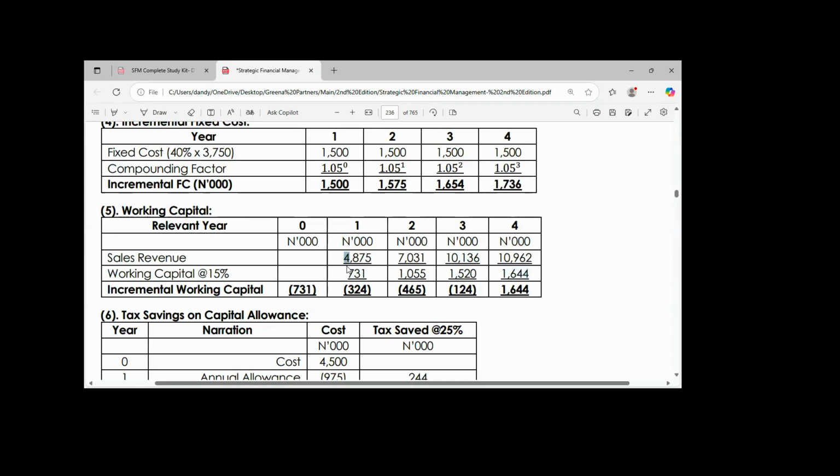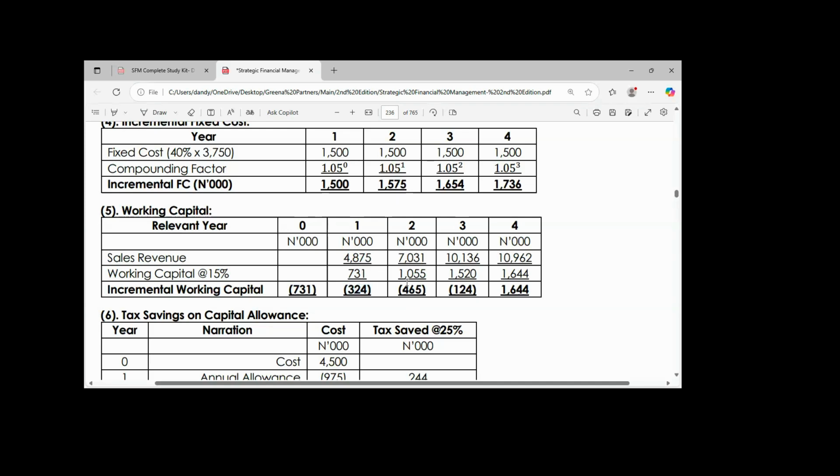Therefore, the working capital in the first year of 731, that is what you have here. Then between the first year and year 2, working capital has increased by 324. That is 1055 minus 731 will give you 324.